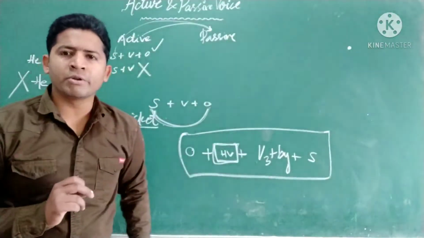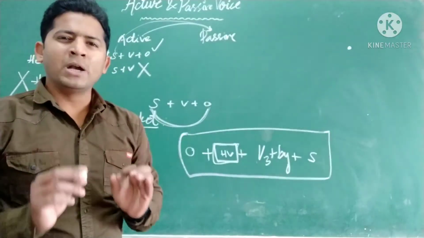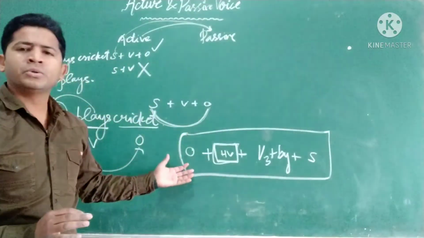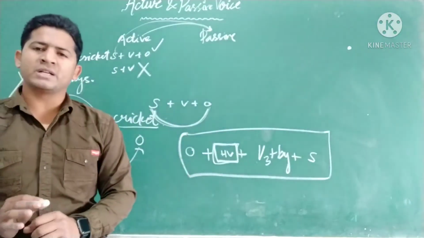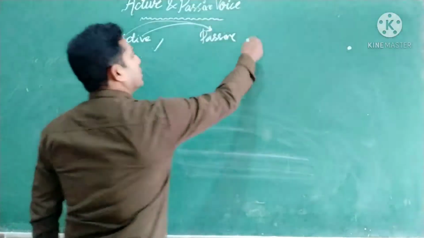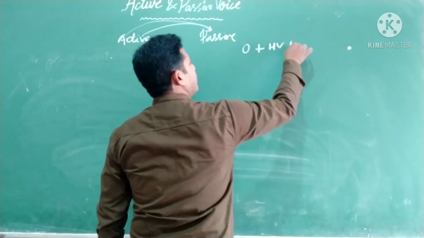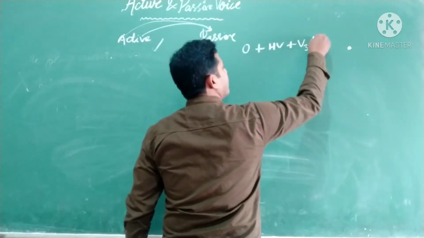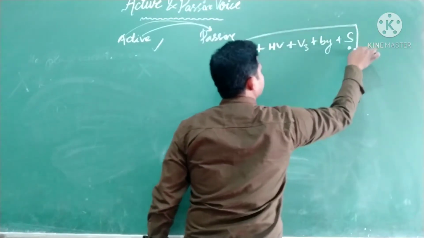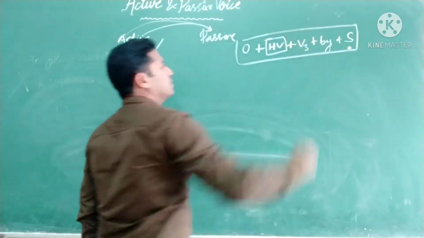So what you need to remember is the helping verb. If you are able to remember the helping verb for each and every tense, you will be able to easily convert any declarative active sentence to passive. The structure for passive is object plus helping verb plus verb third form plus by plus subject. This is the structure where the helping verb keeps on changing as per the tense.